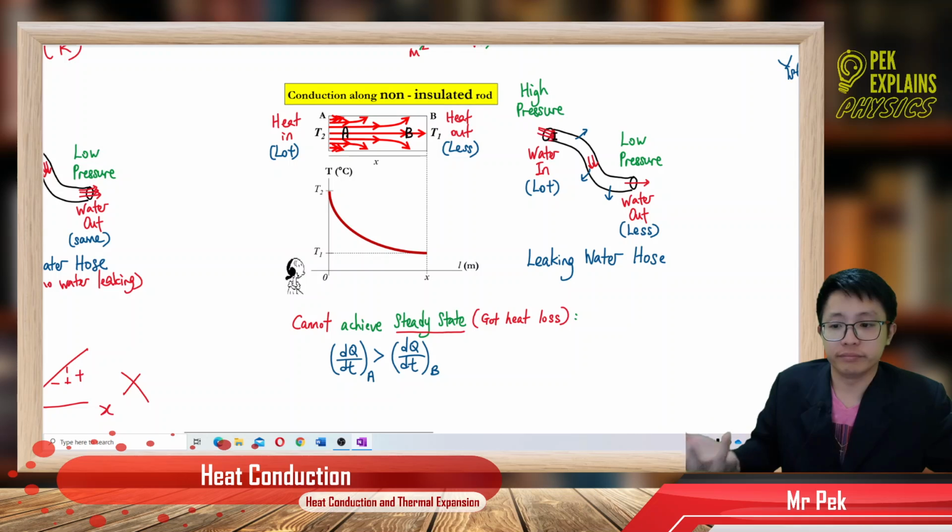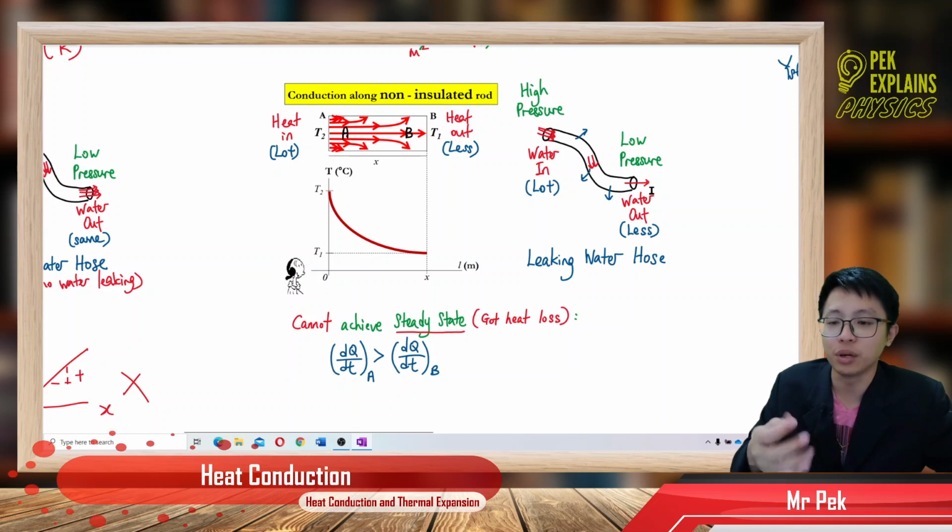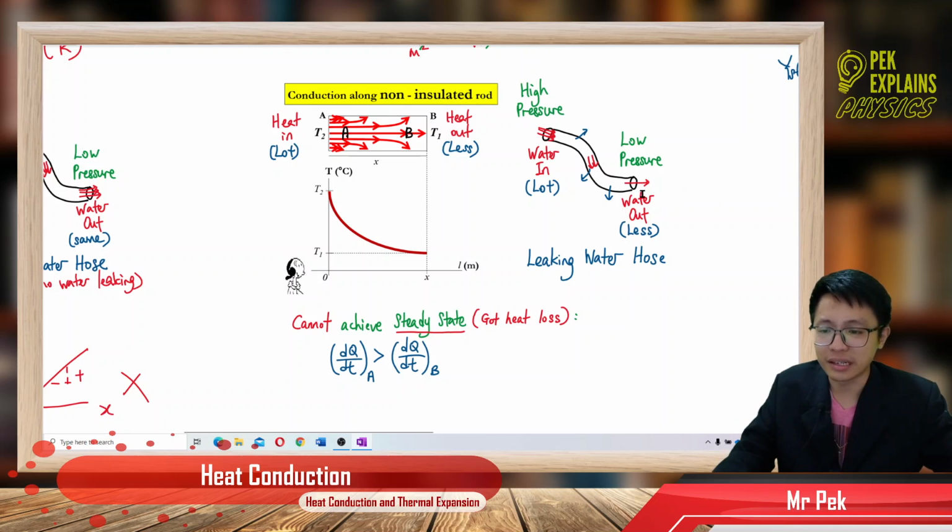Water in a lot, but along the hose a lot of the water already escaped, so the water going out is only a little bit, maybe dripping only. So this non-insulated rod cannot achieve steady state because got heat loss.